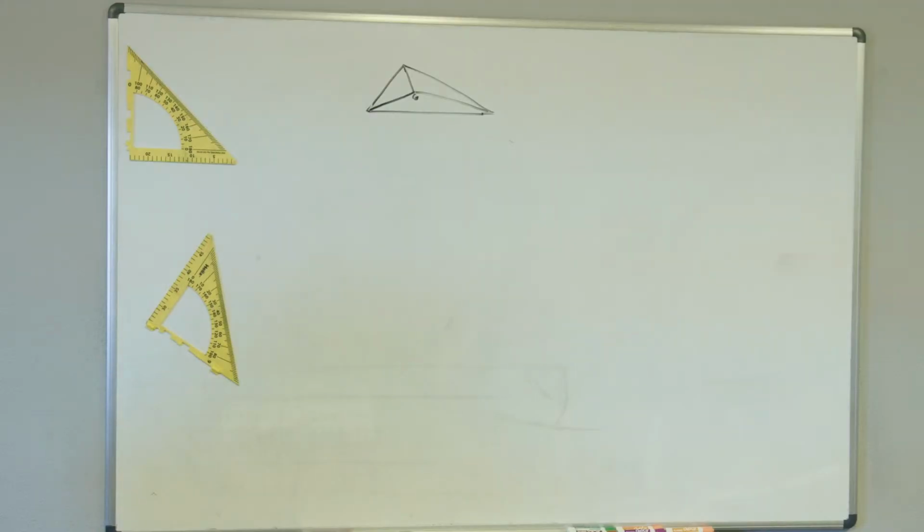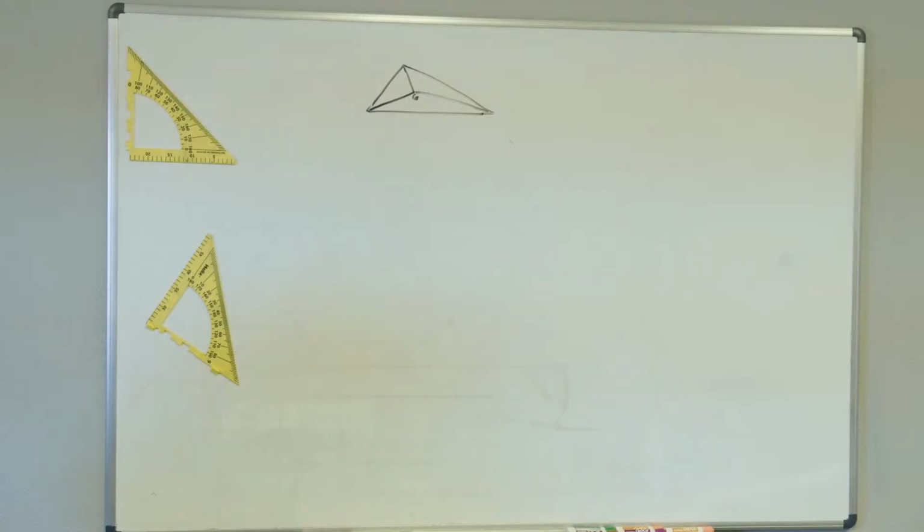It is equidistant from what? Not to the vertices. So the angle bisector does cross through the vertices, and it cuts the angle in half, which is probably what you're reading.